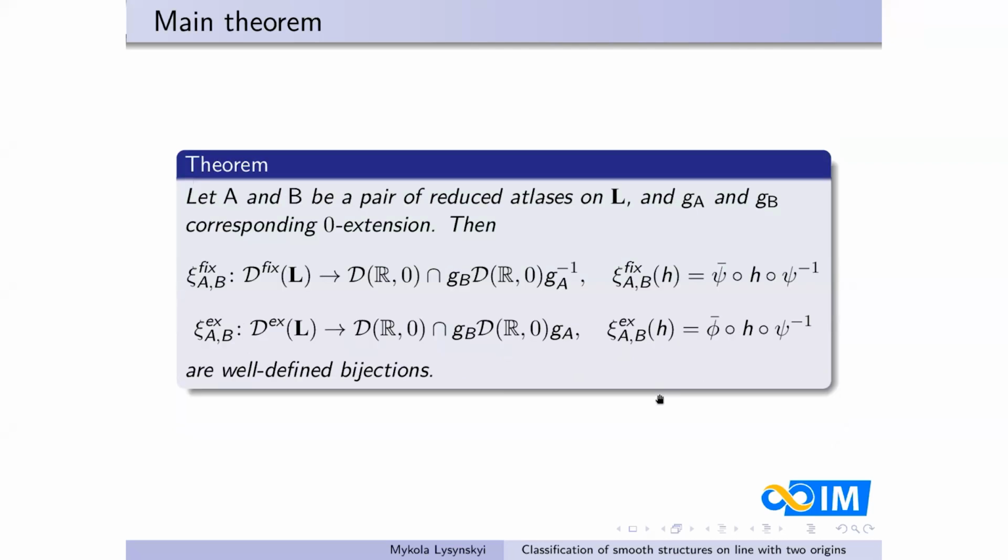Suppose A and B are a pair of reduced atlases on L, and G_A and G_B are the corresponding zero extensions of transition maps in these atlases.